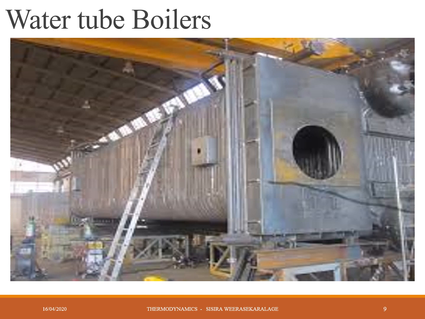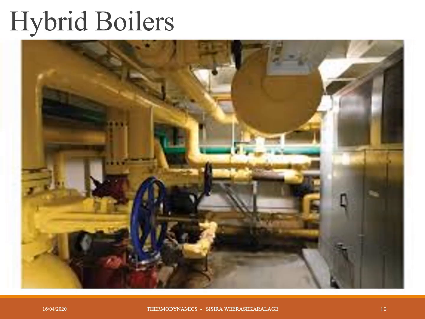So this is one construction for a water tube boiler. Okay, so once you go for an industrial visit, we can see these boilers. This is a hybrid boiler. There are many improved and developed versions of boilers available in industry. You can refer through Google Scholar or Google, and globally available boilers are there. So this is for the improvements.